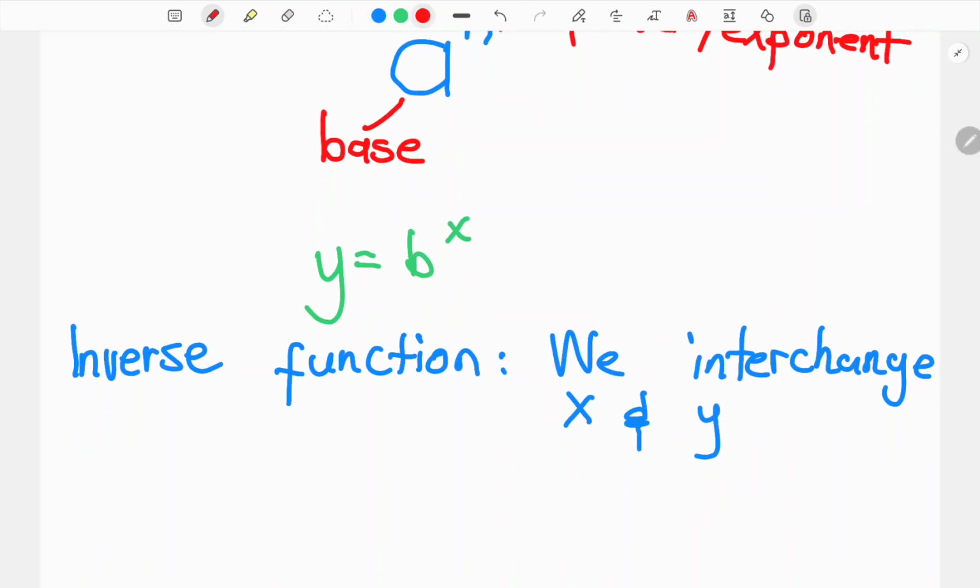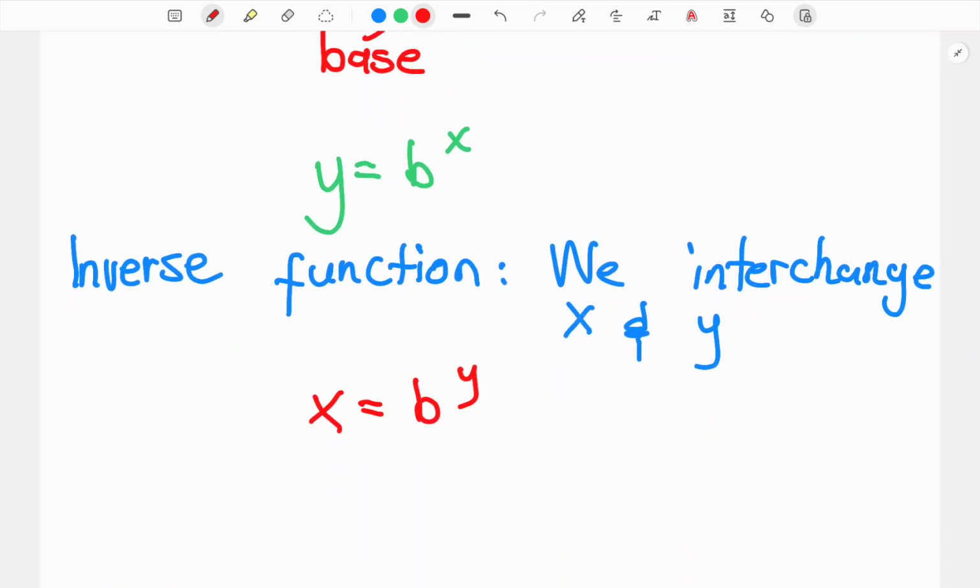What do I mean? In this case, we have x here, and then we have b to the y. How do we then solve for y from here? That's when we introduce what we call the log function.